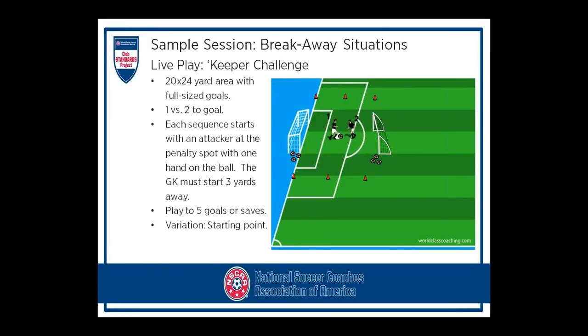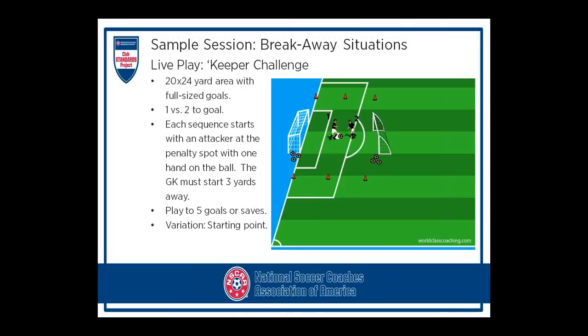And then finally, this is what we call the Goalkeeper Challenge, a terrific exercise for two goalkeepers to play with each other. Basically, what we've got here are two goalkeepers standing midway between two goals, about the PK mark. The attacking goalkeeper has the ball and starts with their hand on the ball. The defending goalkeeper starts about 3 yards away.